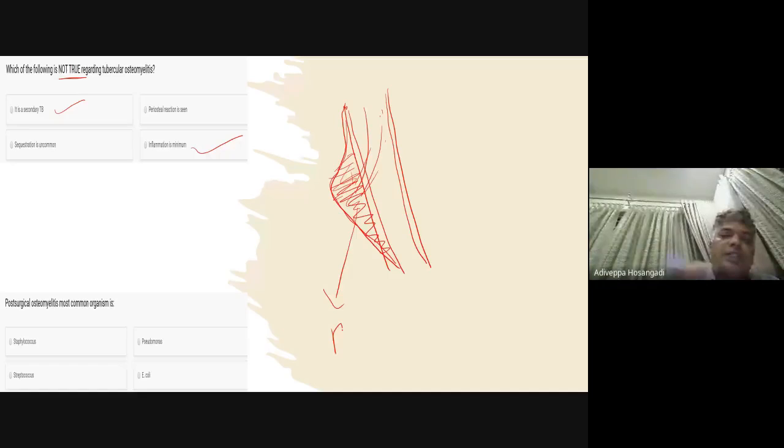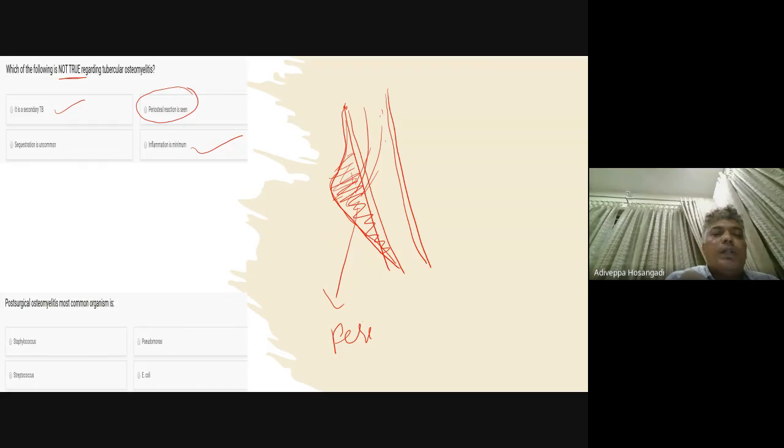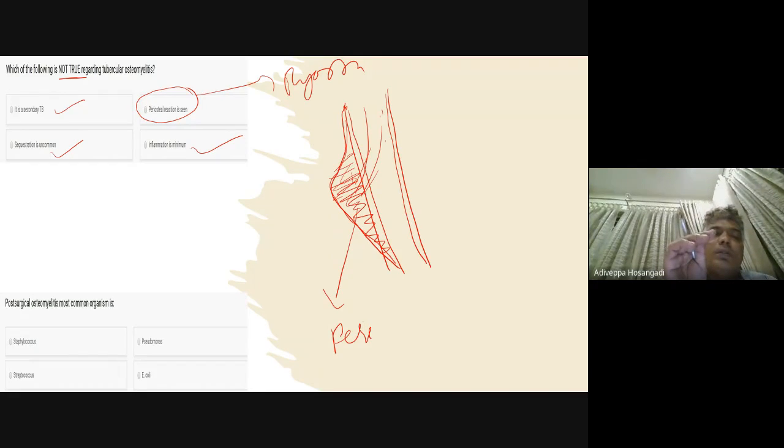So for the periosteum to get elevated, the virulence of the organism has to be very high. Tuberculosis is known to be less virulent. It is a kind of chronic subdued infection. So periosteal reaction is not seen to the extent that you see in pyogenic osteomyelitis. Sequestrum is uncommon.